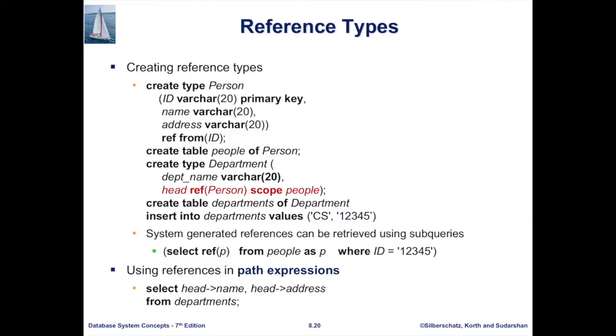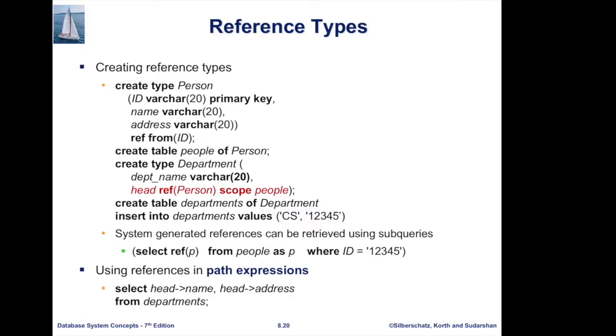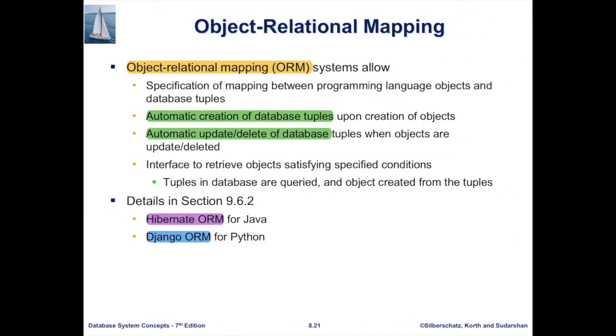We can say that we have an attribute head that references the person. So the ref person here is an indicator that we can assume head is an attribute whose values are the IDs of person. Okay, that's for the first approach.